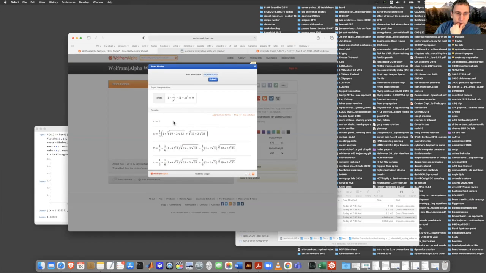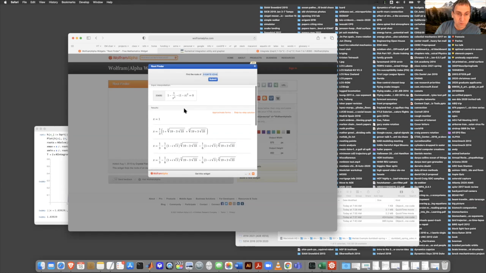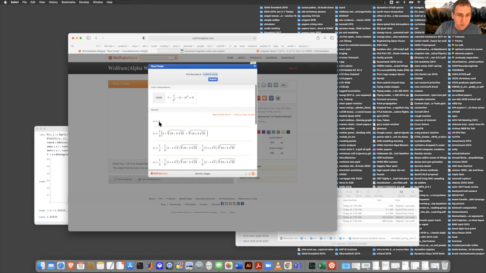You can find roots. I put in the variable X instead of R, but it's the same thing. There's a root finder on Wolfram Alpha, and it told me the roots. One of them is X equals 1, and the other one is this expression.